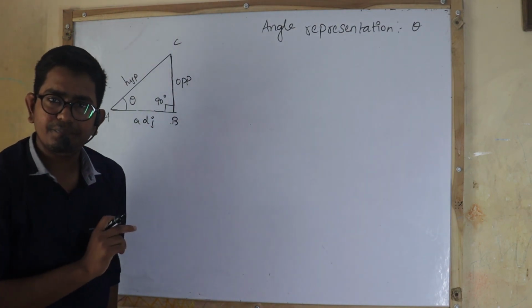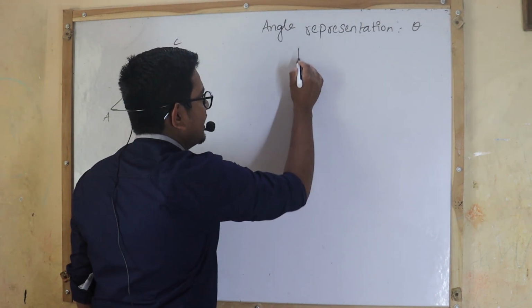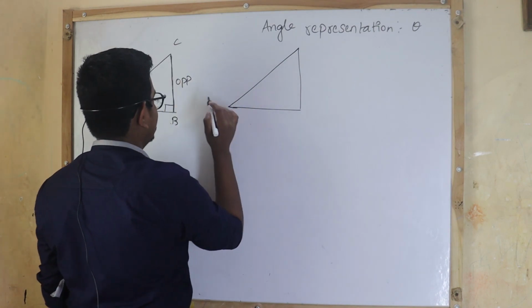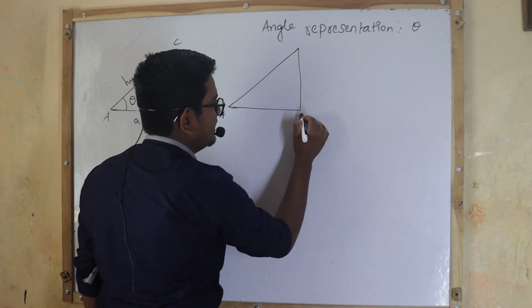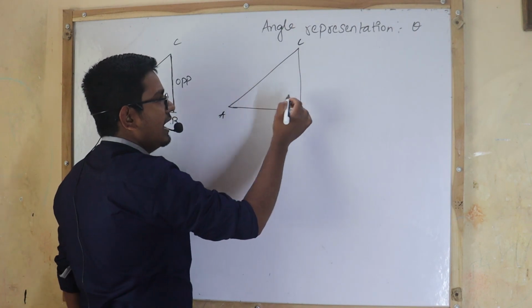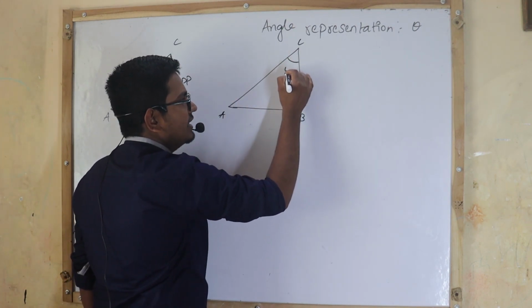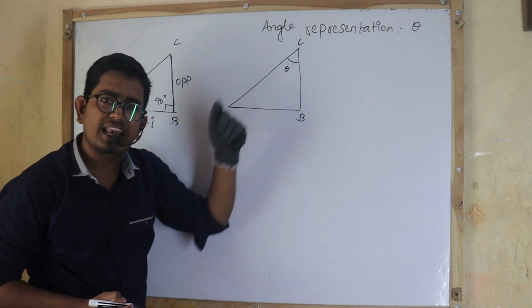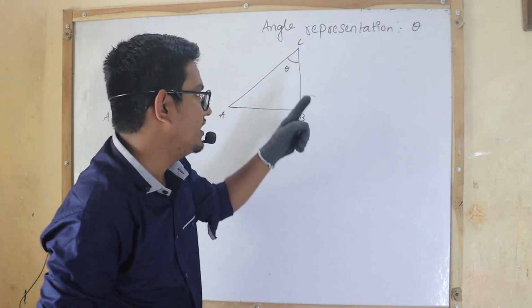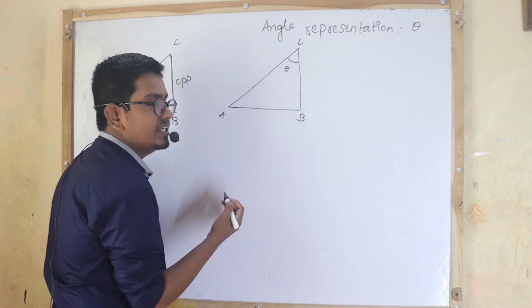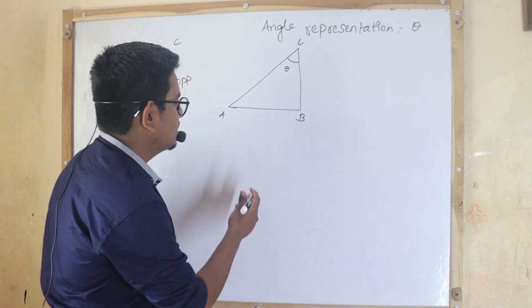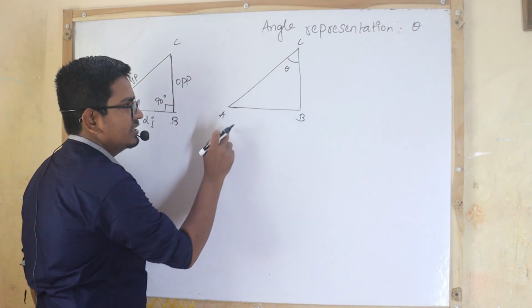If the same triangle I am giving here, by changing the theta, it is the A, it is the B, and it is the C. Now I am saying that AC and BC are the lines which are making an angle theta, and now you have to choose the side names, right? So now tell me the side names.